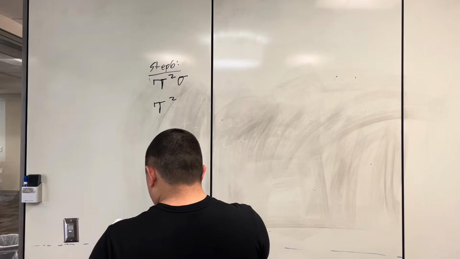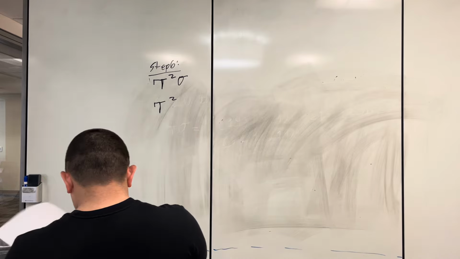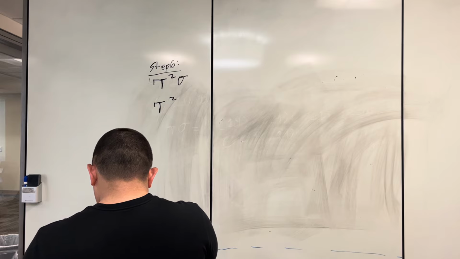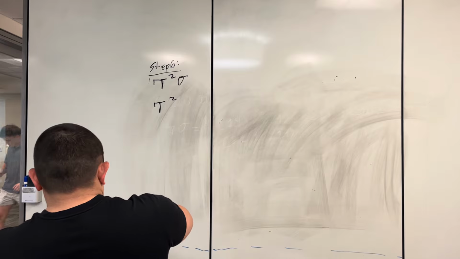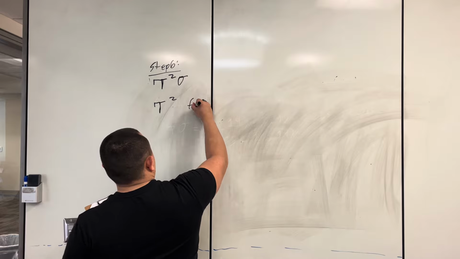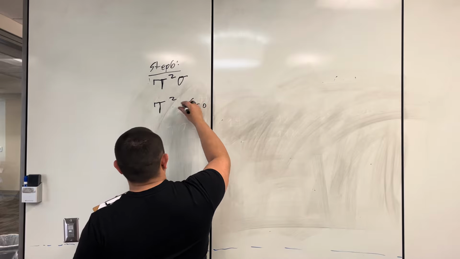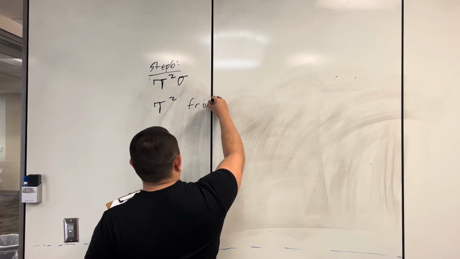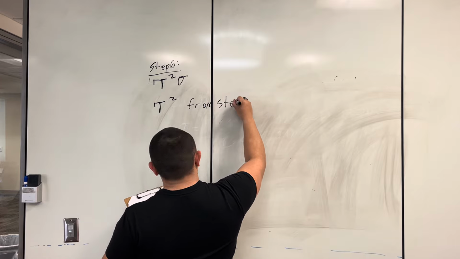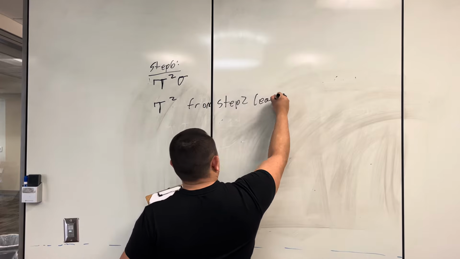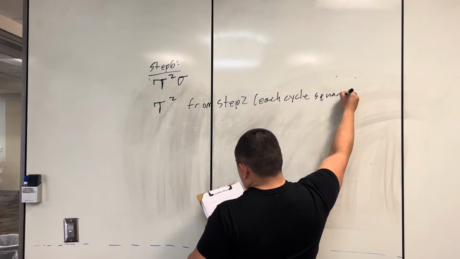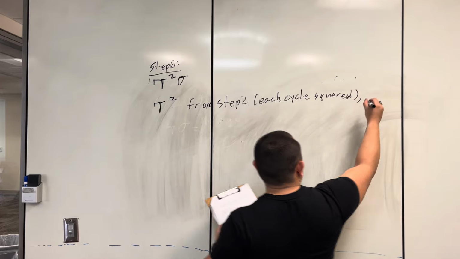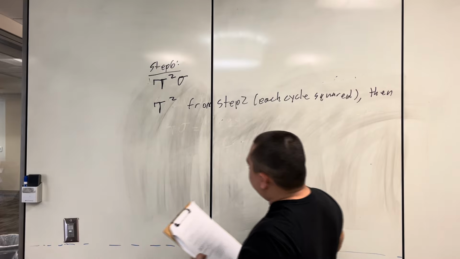No, sorry, that's just from tau. Using the actual tau from step 2, each cycle squared, then compose with sigma.